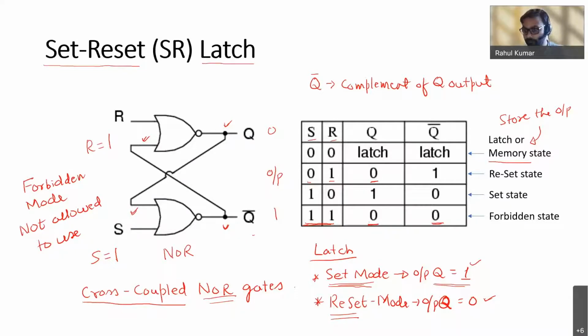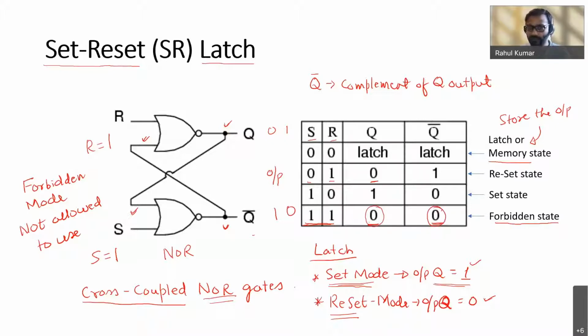It should be 1. Right? They should be opposite of each other. If Q is 1, the output Q dash should be 0. They should not be same. But here in this forbidden state or forbidden mode, both the output Q and Q dash are 0.